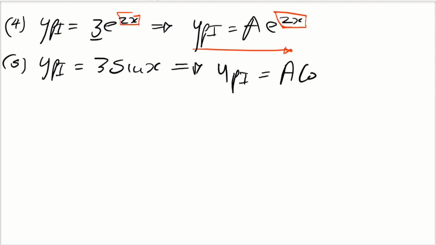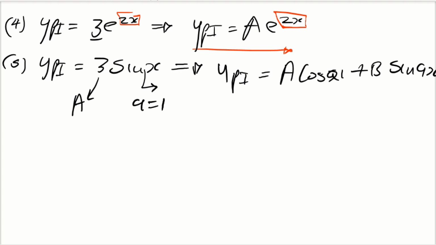It's a cos x, this a is a constant, a cos x, and then plus b sin x. You write a there. So your a in this case is 1, so a equals 1, and then a and b equal to 3. This a and b equal to 3, that constant there.